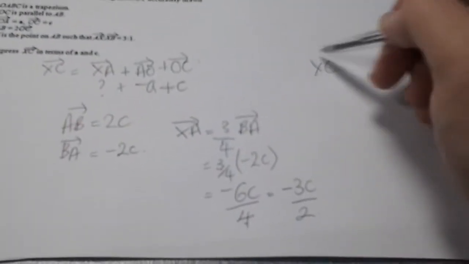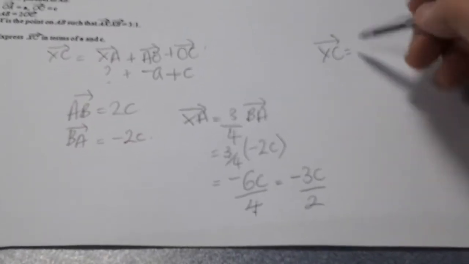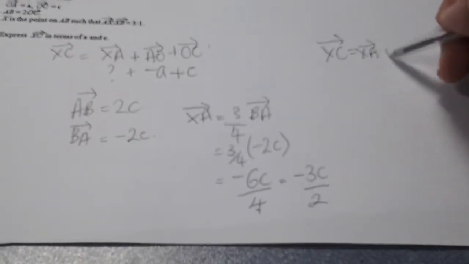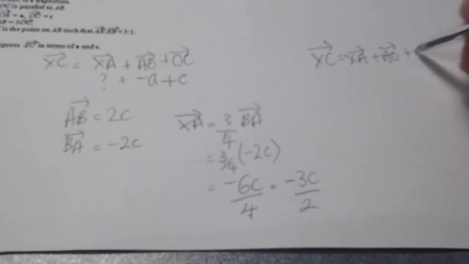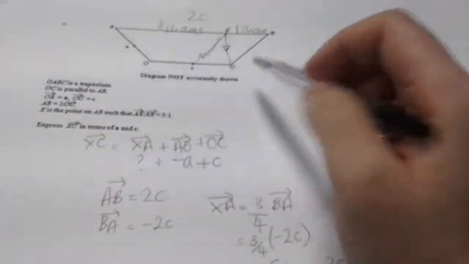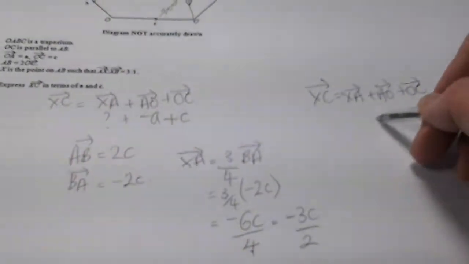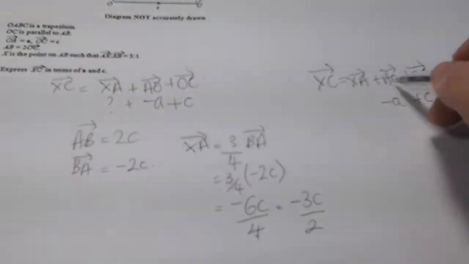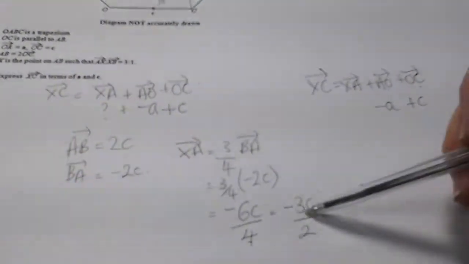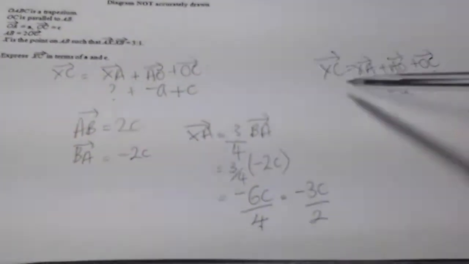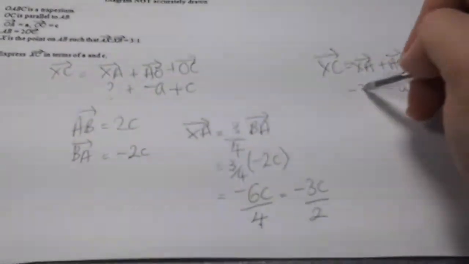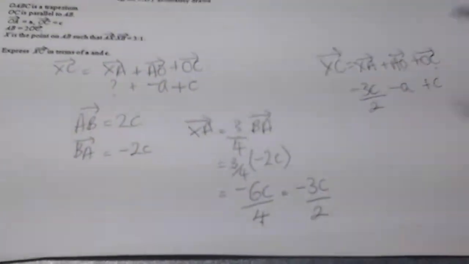So XC is equal to XA plus AO plus OC. I knew that it was minus A and plus C for AO and OC. And I now know that XA is minus 3C over 2.